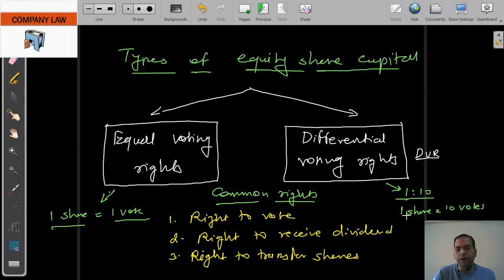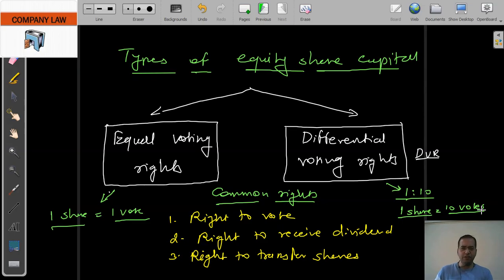Now you will be surprised to know why such differential voting rights are required. Here in India, there are companies where the promoters want the funding, but at the same time they do not want their voting rights to be diluted. Even if they hold fewer shares in the company, they want to keep their hold in decision making.